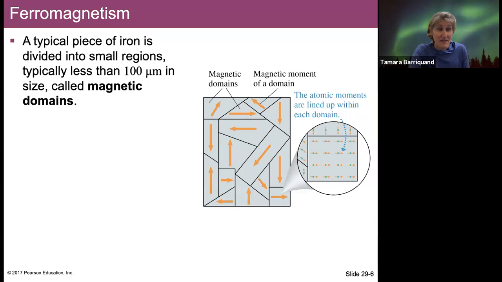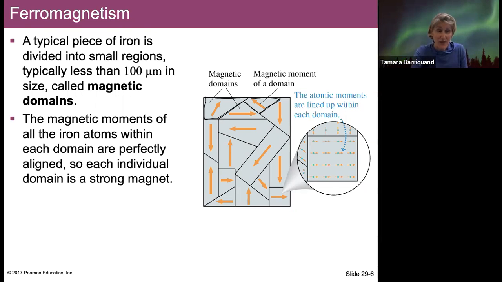Now, a typical piece of iron is divided into small regions, typically less than 100 microns in size, and these are called magnetic domains. Here is one of the magnetic domains, and we divide these regions into magnetic domains. The atomic moments are lined up within each domain.